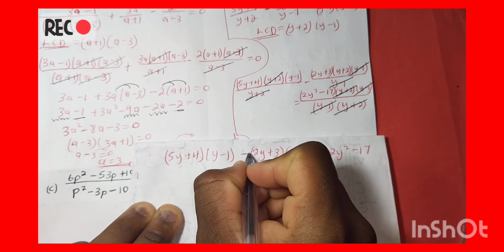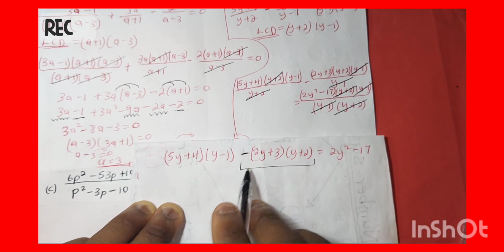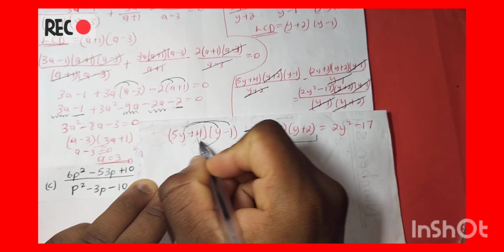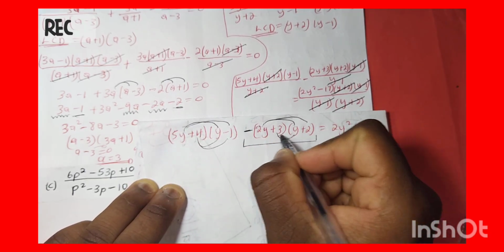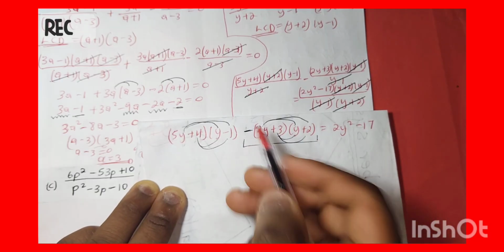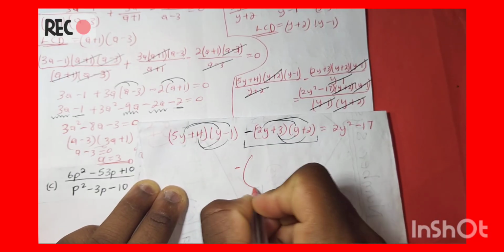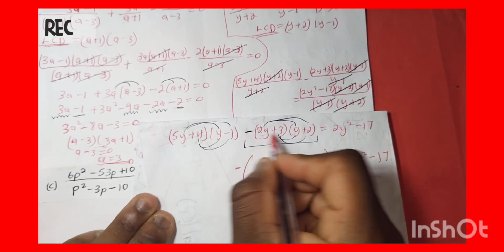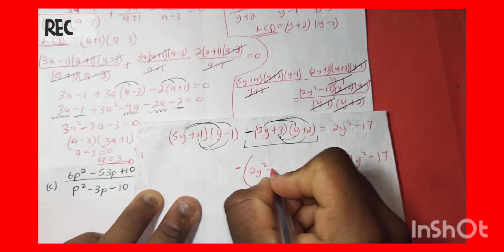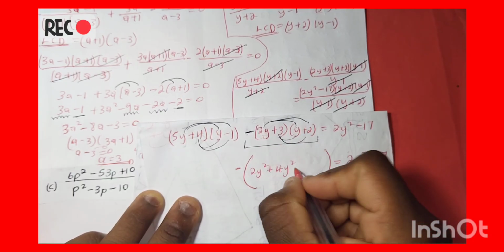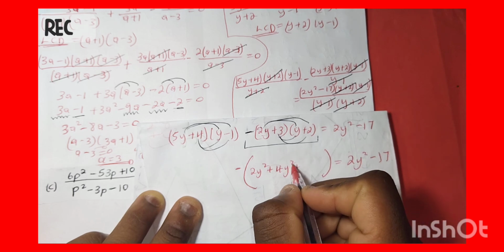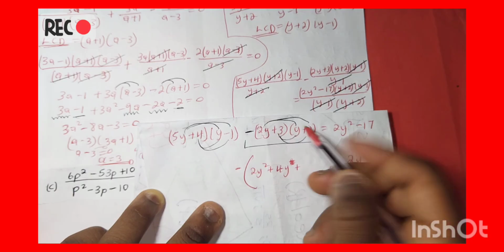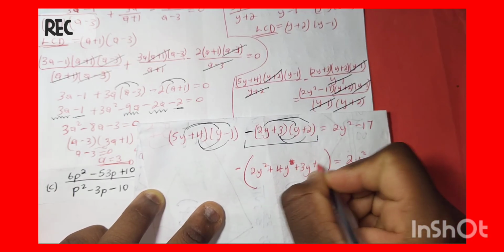The most important part that I want you to take note of is the way I will simplify this. I expand everything, even here I will expand. But this one, because we got that negative, it must be inside the brackets after you expand. So this multiplied there is 2y squared, this multiplied there is plus 4y squared, this multiplied there, I'm kidding, it's not supposed to be squared. This multiplied there is plus 3y, and this multiplied there is plus 6.